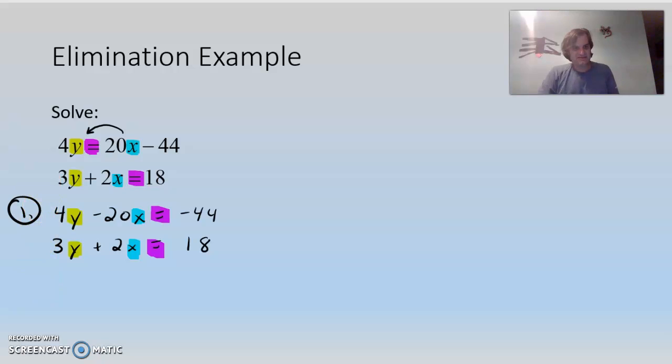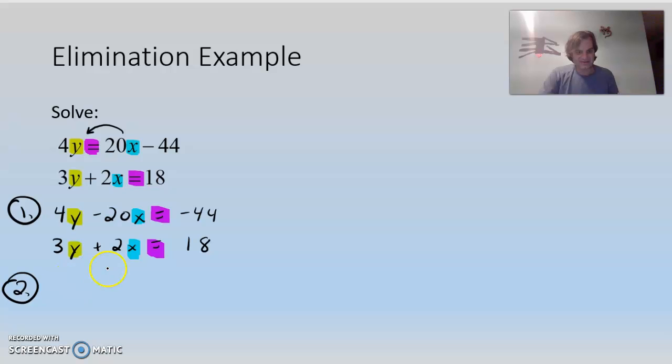So if you think about this for a little bit, what you could do is try to get the y's the same. But since 4 and 3 don't have a common multiple or common factor, you would have to multiply them both by something. So you'd probably have to multiply the top one by 3 and the bottom one by 4, make one of them negative, so that one would be 12, one would be negative 12.